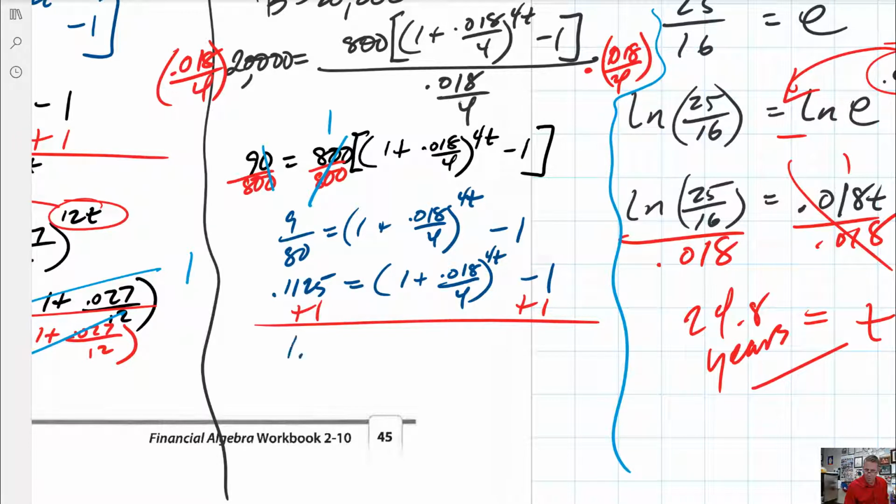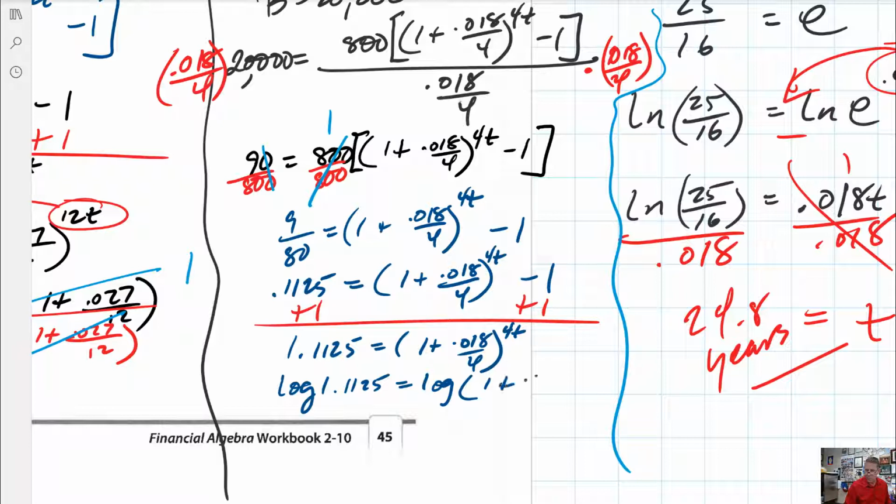So 1.1125 is equal to 1 plus 0.018 divided by 4 to the 4t power. Once again, you cannot shift any exponents until you go to log form, so you've got to take the log of both sides. So log of 1.1125 is equal to the log of 1 plus 0.018 divided by 4 to the 4t power.